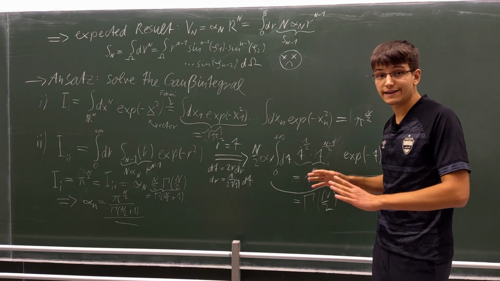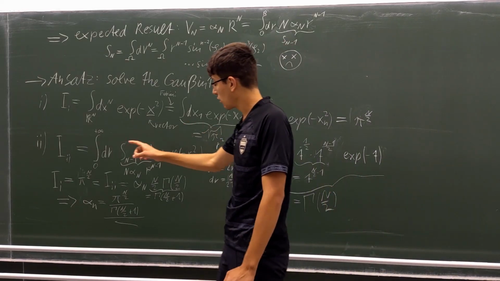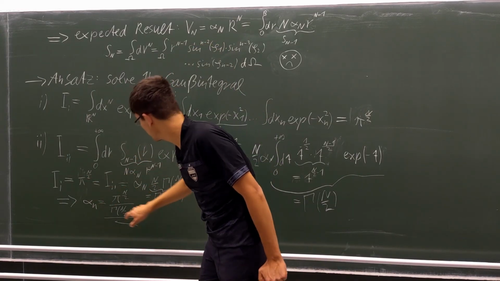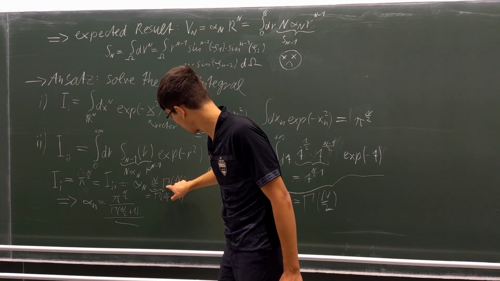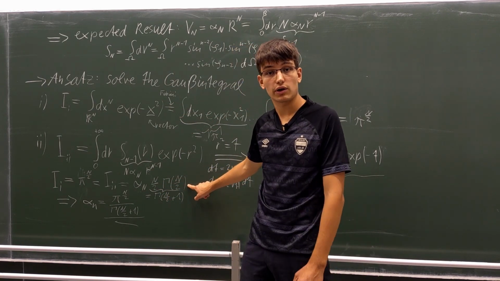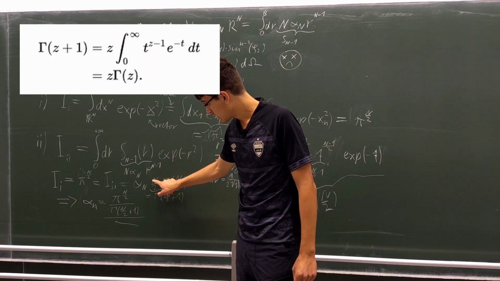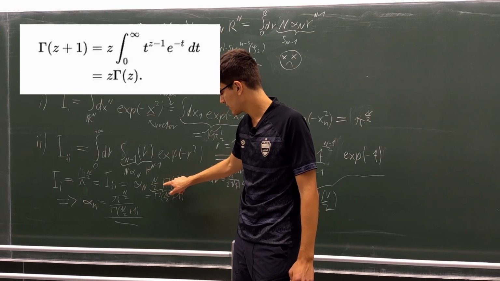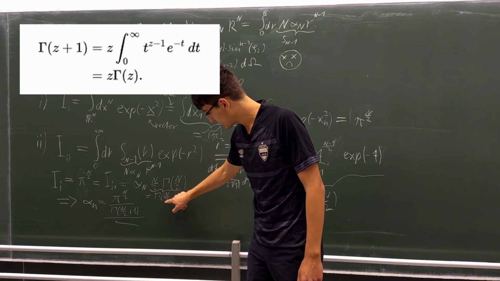So let's put everything together. I1 equals I2, so pi to the power of n halves equals alpha n times n halves times the Euler gamma function. And in a previous video about the Euler gamma function, I have proven that z times gamma of z equals gamma of z plus 1.